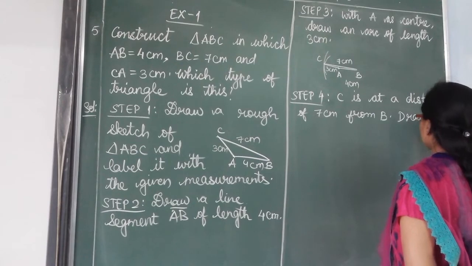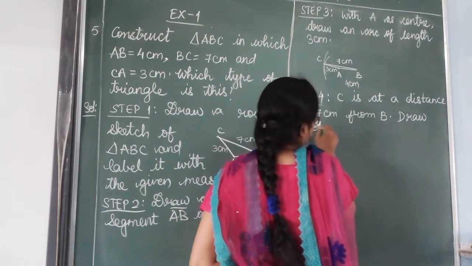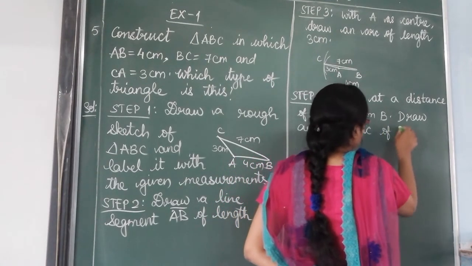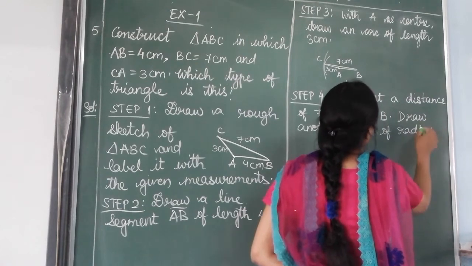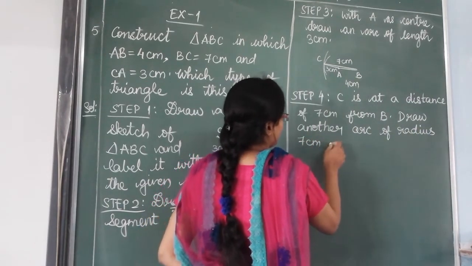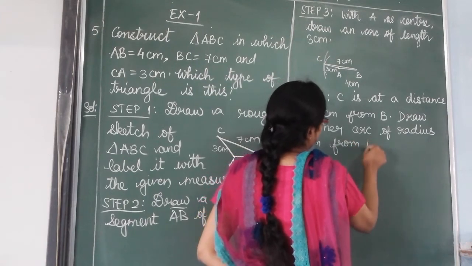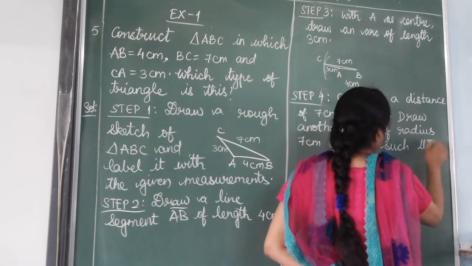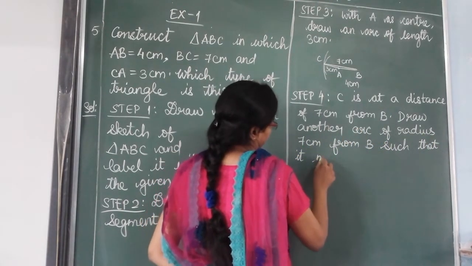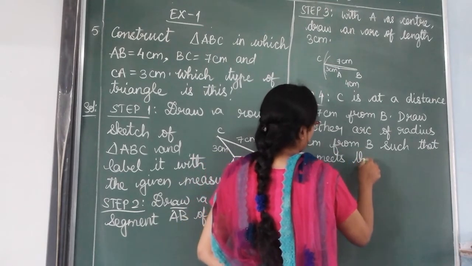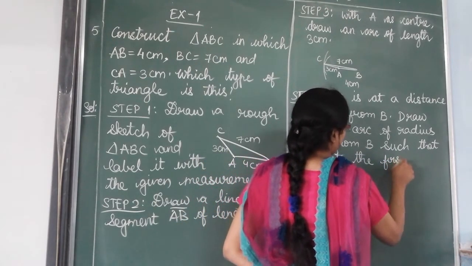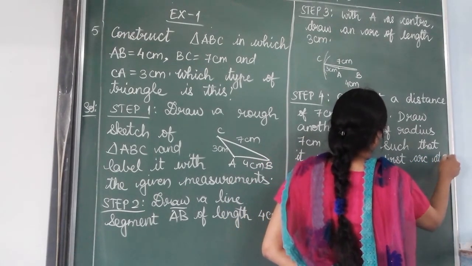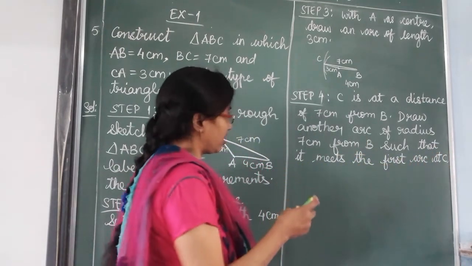Draw another arc of radius 7 centimeters from B such that it meets the first arc at C. This is what we did in the 4th step.